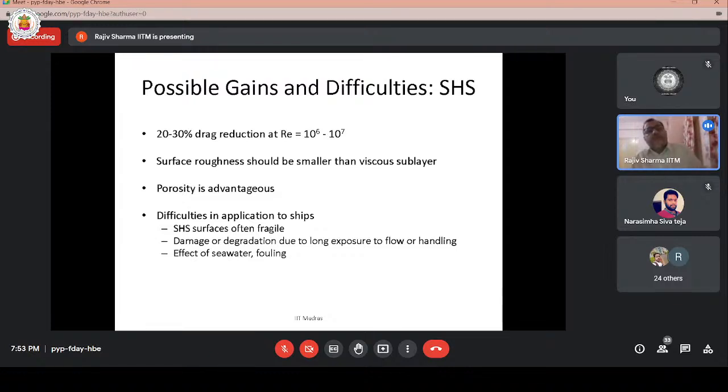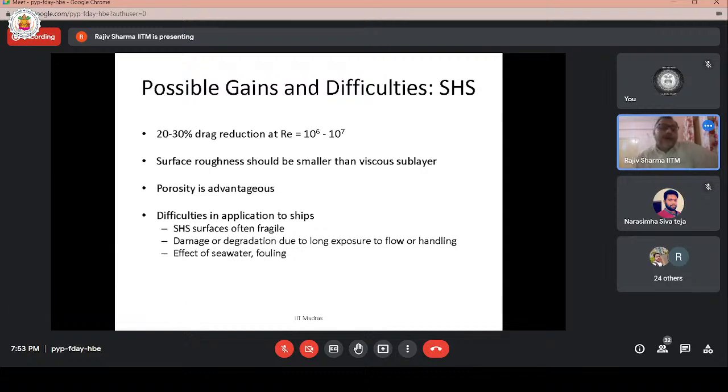And when you talk about fluid, which is coming with a velocity, which is coming with a force, then the structural component also comes into picture. The porosity which is generated is also advantageous. It is better. Why is it difficult to apply in structures, for example, ships and aircraft?